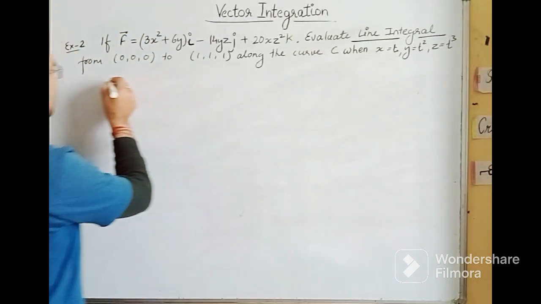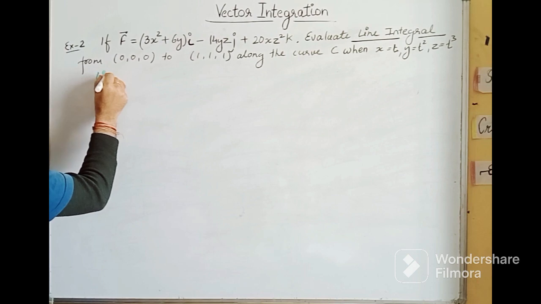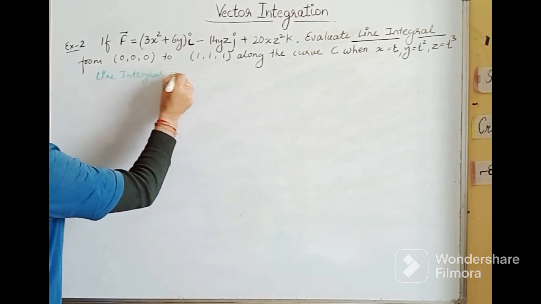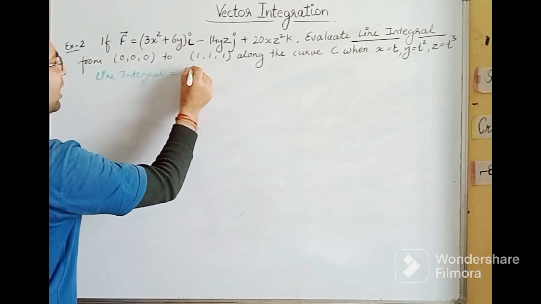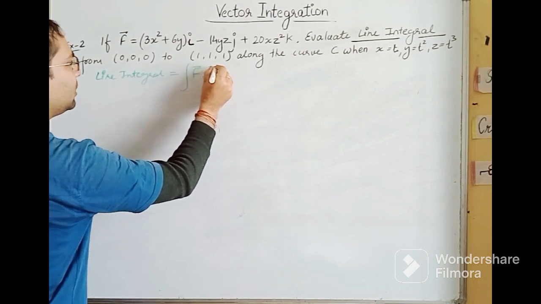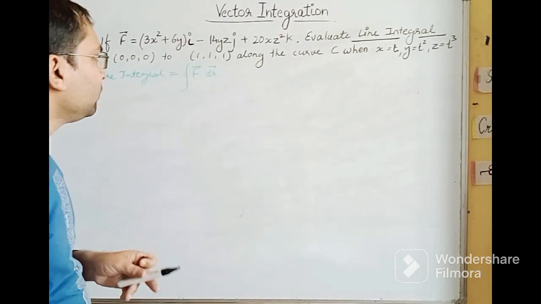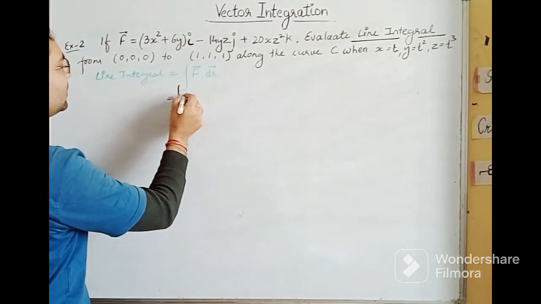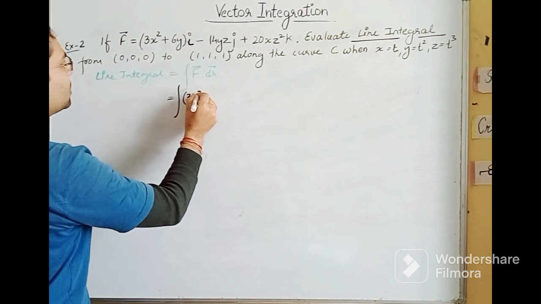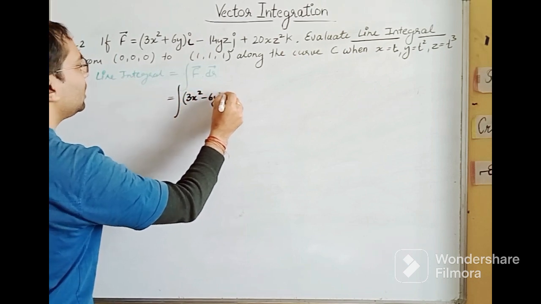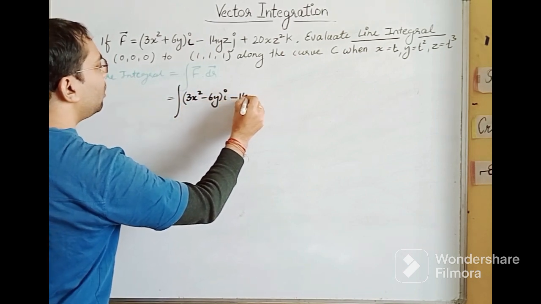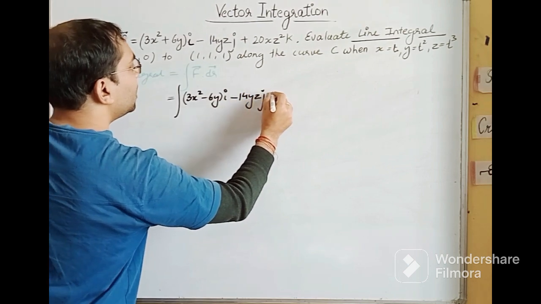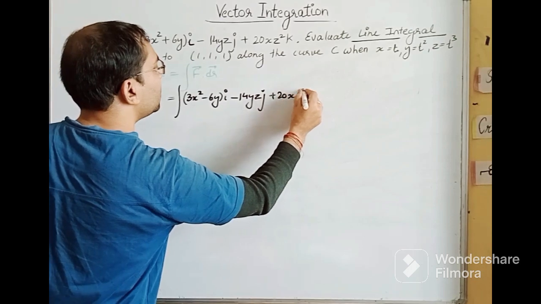As we all know, by the definition of the line integral, the line integral is the integral of F dot dr. Now here, what is F? We can see that F is (3x square minus 6y) i minus 14yz j plus 20xz square k.